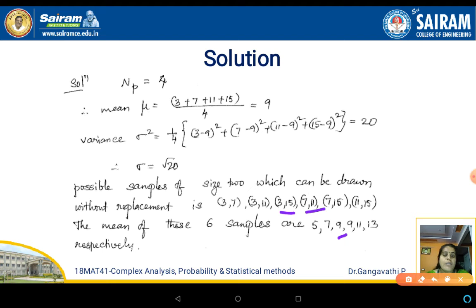Similarly, the next sample also gives the mean 9, the sample 7 and 15 gives the mean 11, and 11 and 15 gives the mean 13. So there were 6 samples and all the means have been calculated. The mean values here are 5, 7, 9, 9, 11 and 13 respectively.